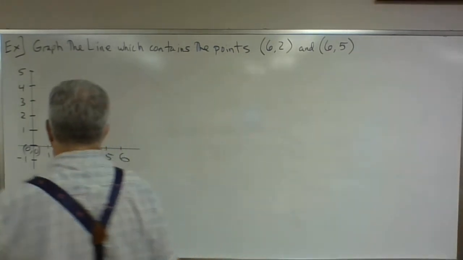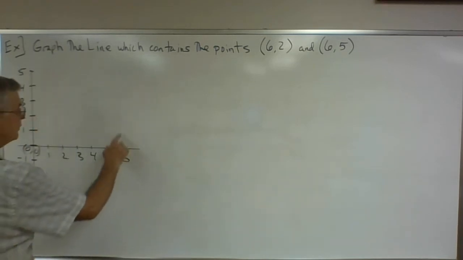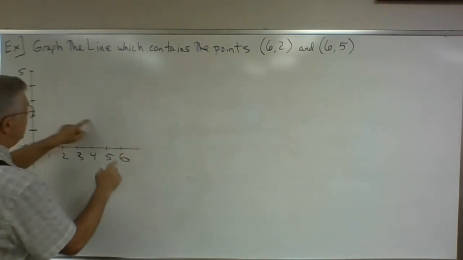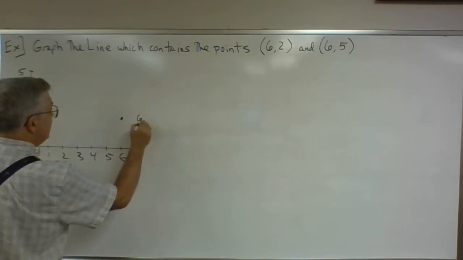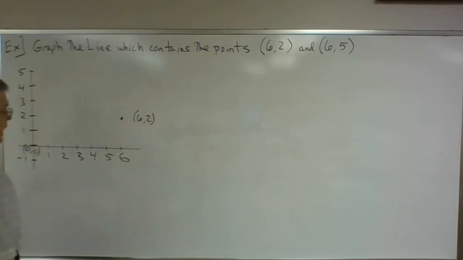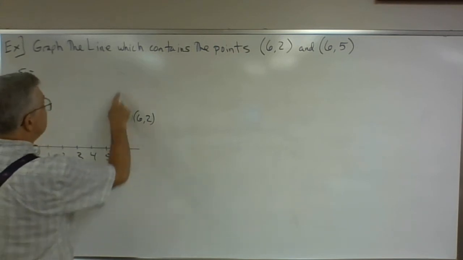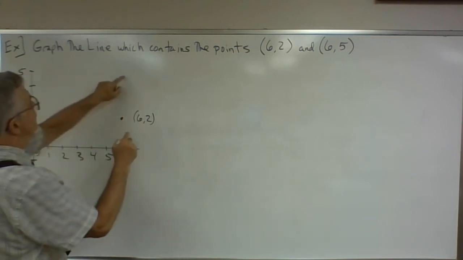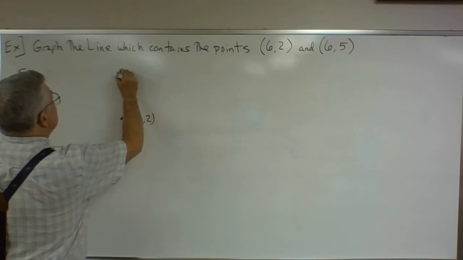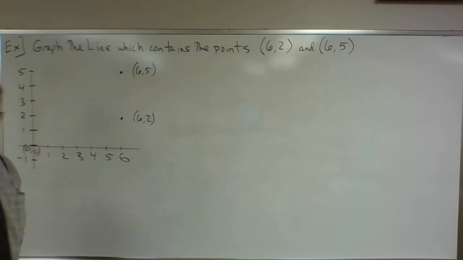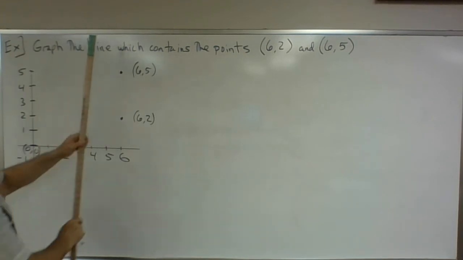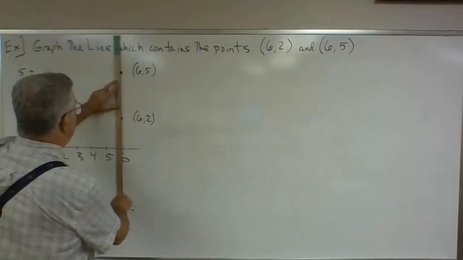So let's go to x equals 6, y equals 2. So there's (6, 2). And let's go to x equals 6, y equals 5. So here's the point (6, 5). And let's get a straight edge so we can really draw a good line here.